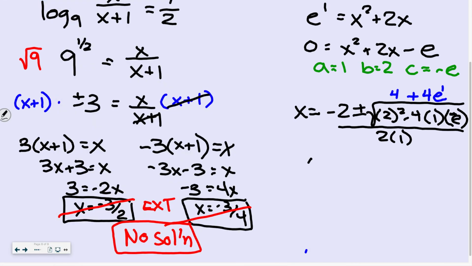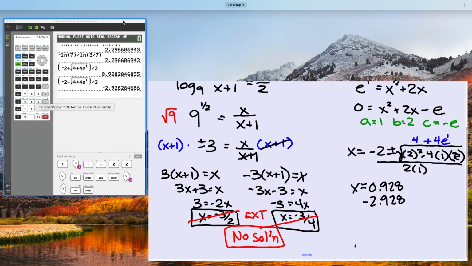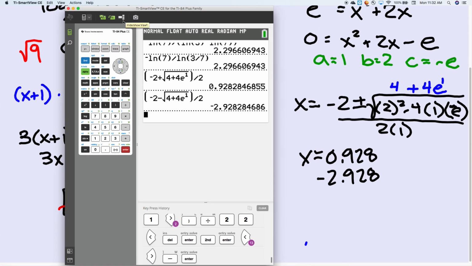Let me know if you're having trouble with your calculators. Let me write these up and then I'll put that back up. If you're not getting these 2 answers, let me know. I want to look at your calculator and see what you're doing. You don't get 0.928 and negative 2.928. Anybody having trouble?